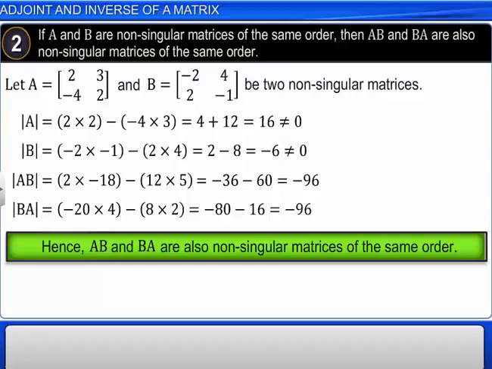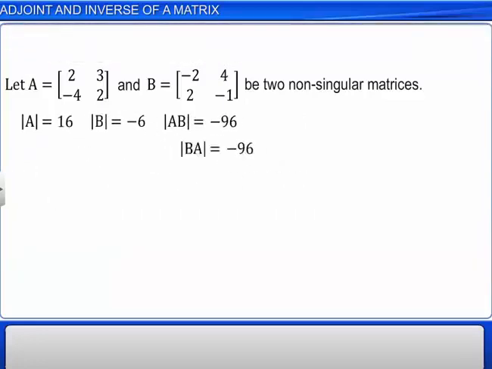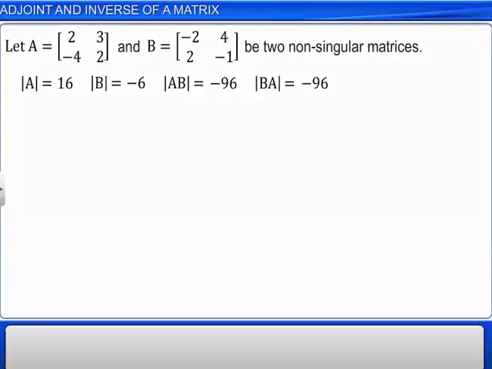Next, we claim that the determinant of the product of matrices is equal to the product of their respective determinants. That is, determinant of A into B is equal to determinant of A into determinant of B. Consider the same matrices A and B. The determinant of A is equal to 16, and the determinant of B is equal to -6.